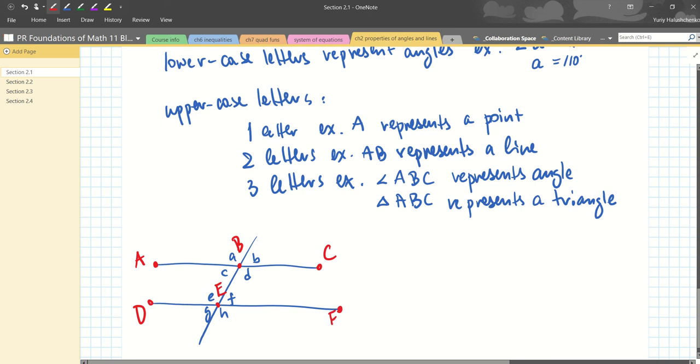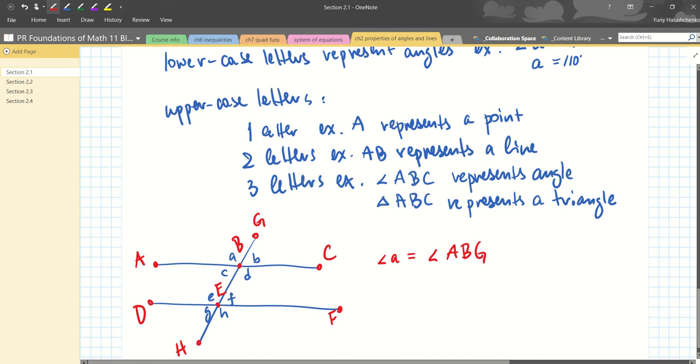So in this case, if I wanted to represent the angle A, I guess we need to add a couple more points here: F, G, and H. If I'm talking about angle A, I can use 3 uppercase letters and say this is the same as the angle ABG.